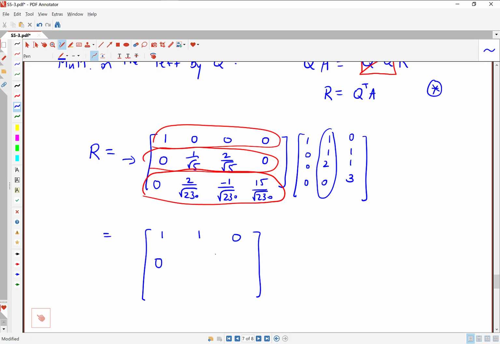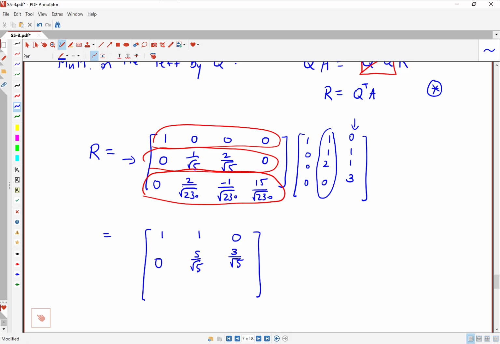That's 5, so the answer is 5 over root 5. Similarly, for the second row with the third column, again just think about the numerators: 0 times 0 plus 1 times 1 plus 2 times 1 plus 0 times 3. That gives us 3, so that's 3 over root 5. That's the fast way of doing the algebra.